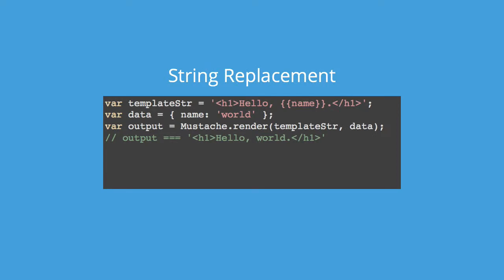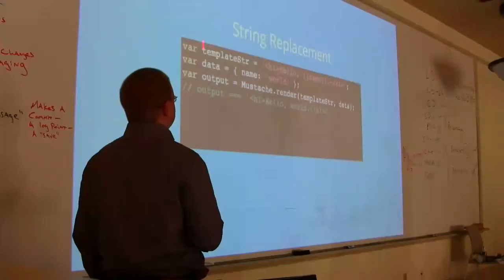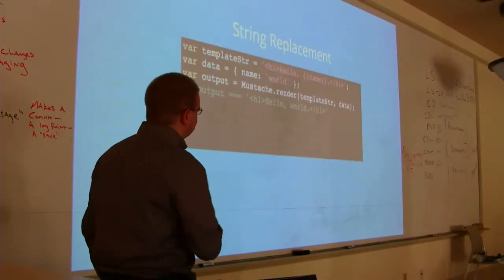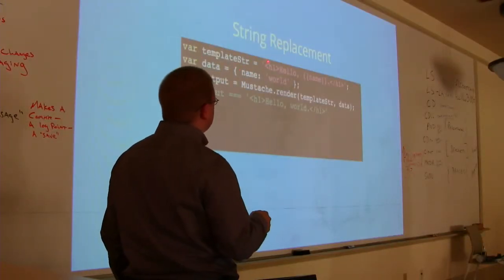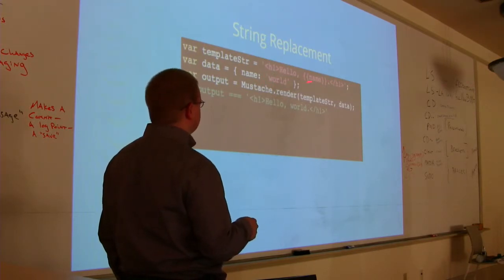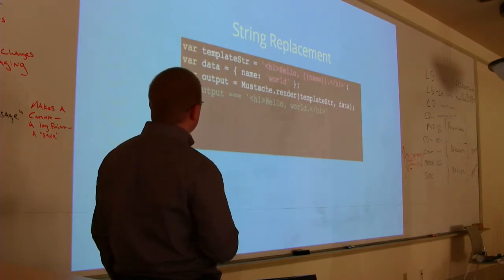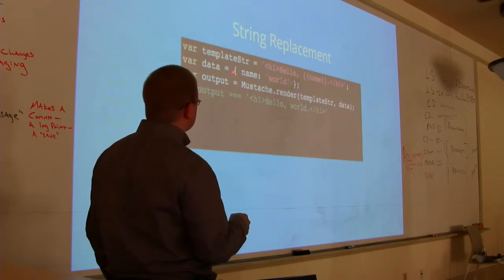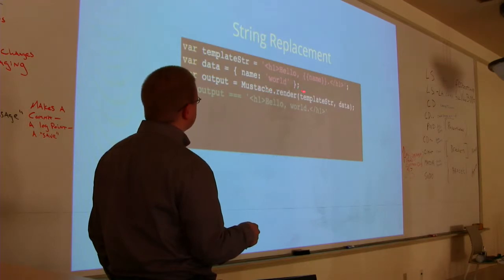And so a normal way we use mustache templates to do this kind of replacement is we have a template string. This is JavaScript. We have a template string. That's a string with our HTML and our template replacement notation. And we have a data object, or just a plain old JavaScript object with a key name and a value world.